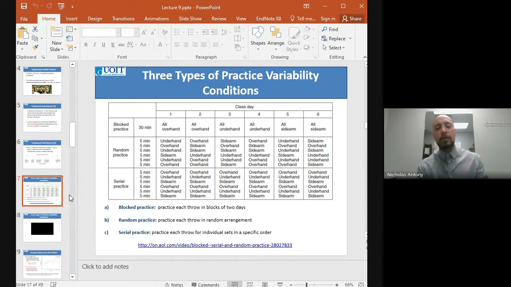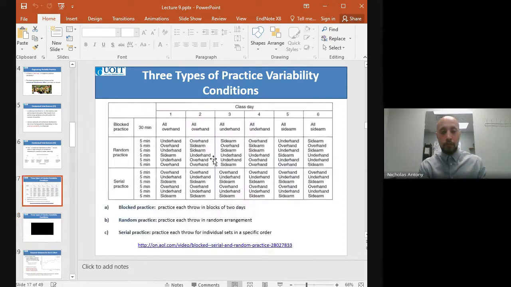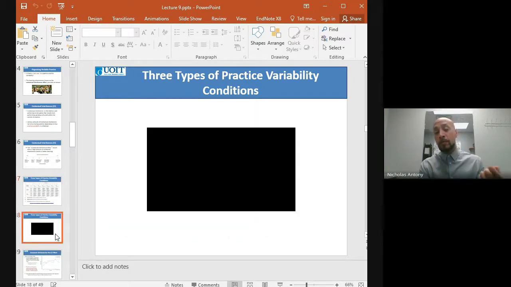So for boxing, think about it. Is the combo different each time? I would take that movement as probably one aspect, and then the serial part or the random part would be what else you're doing. So you do that for 5 minutes, and then what else are you doing after that in practice?